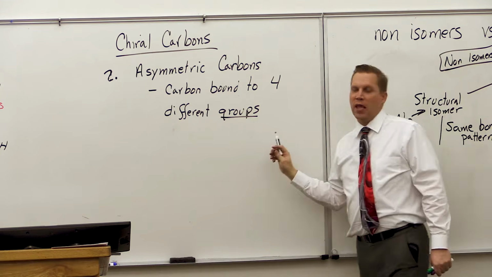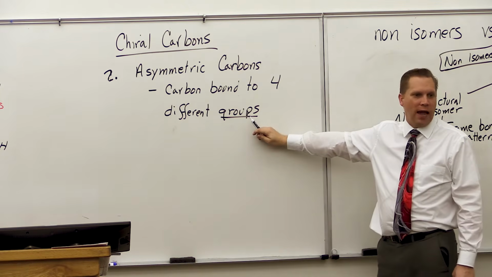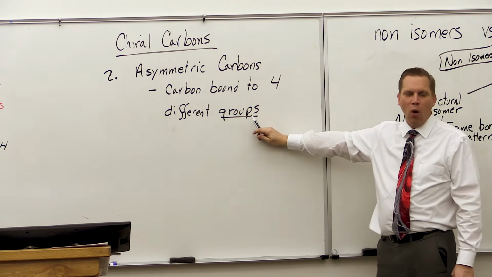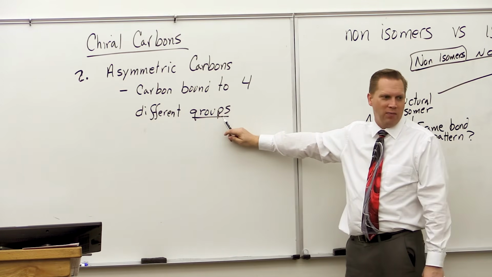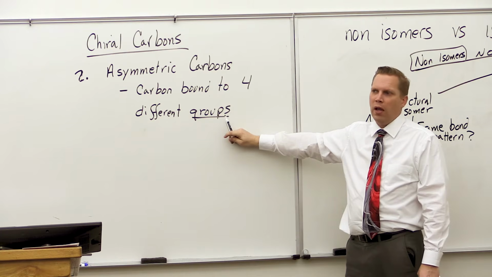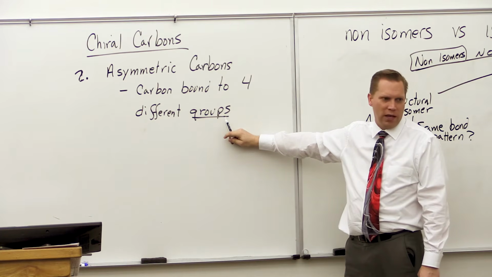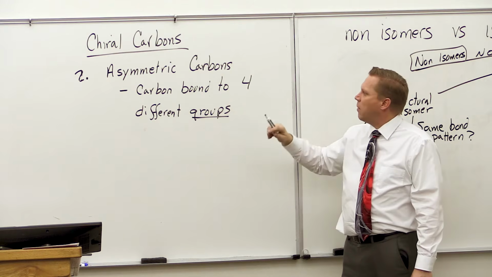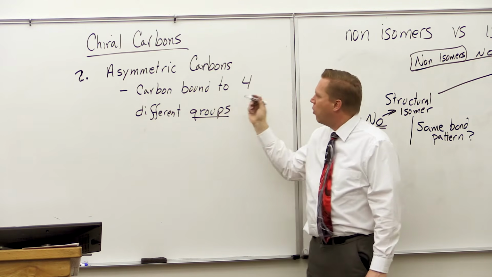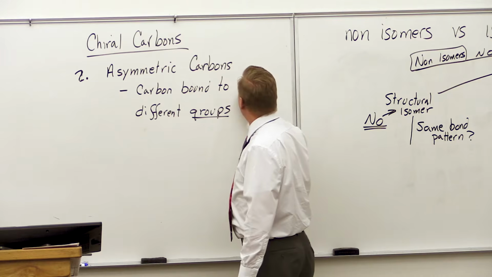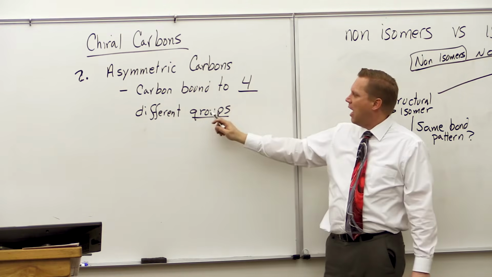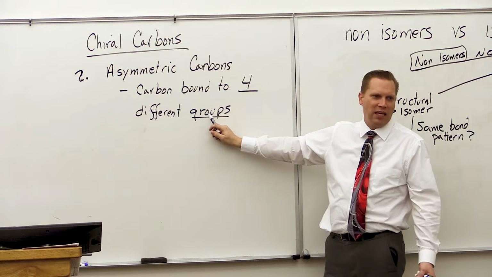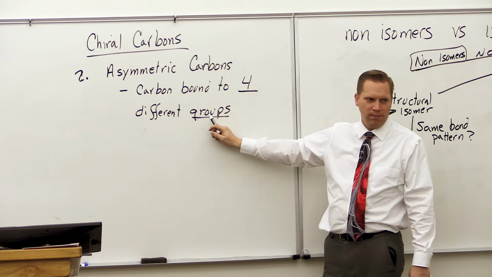And groups can be a single atom, like hydrogen or chlorine, or it can be a collection or a group of atoms together, like a hydroxyl group or a phosphate group. Okay? So to be an asymmetric carbon, there's 2 points that we have to look at. It has to have 4 separate bonds, and each of those bonds have to lead to different groups.